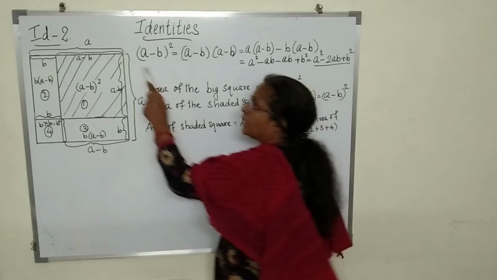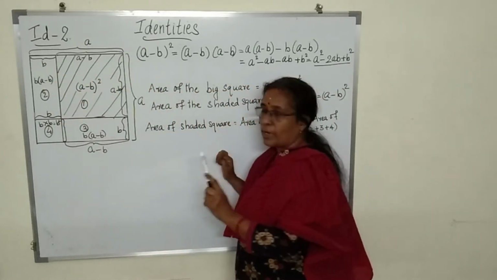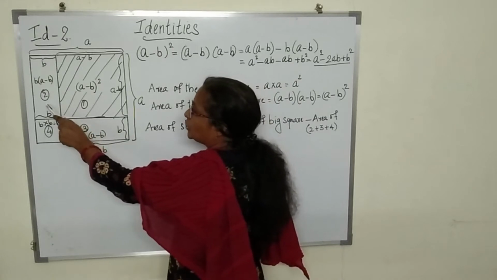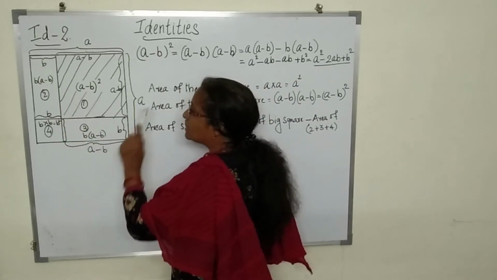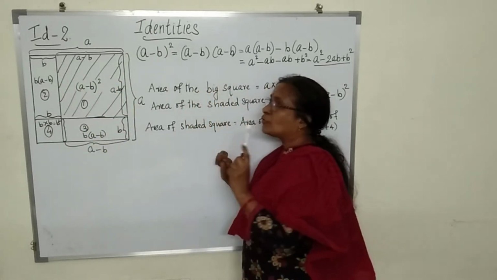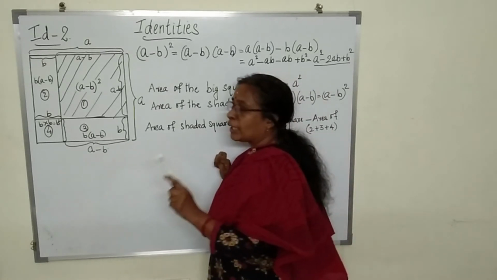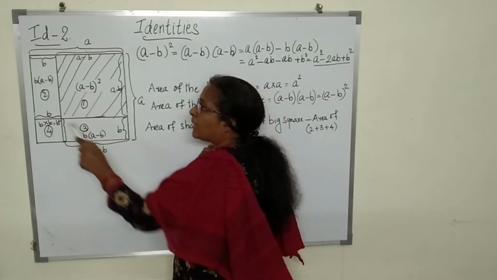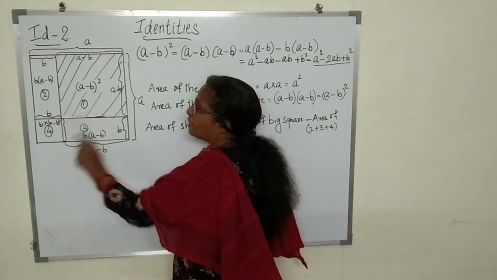The area of the big square is A square. From that square, if you remove parts 2, 3 and 4, you will get this small square. So from the bigger square, we need to remove three parts: part 2, part 3 and part 4.